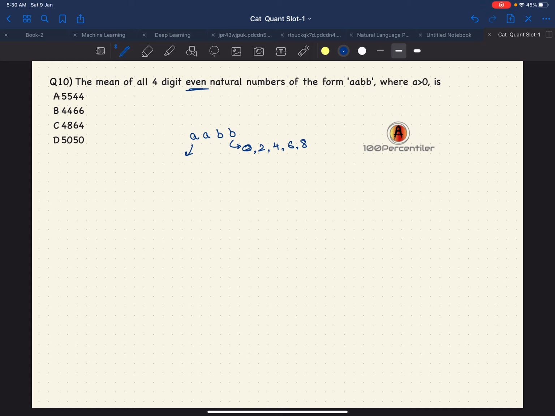Also, A can only take the values 1, 2, till 9. Now, to find this particular mean, we first calculate the mean of AA00 and we calculate the mean of BB. So basically the sum of these two means will be equal to the mean of the final expression.